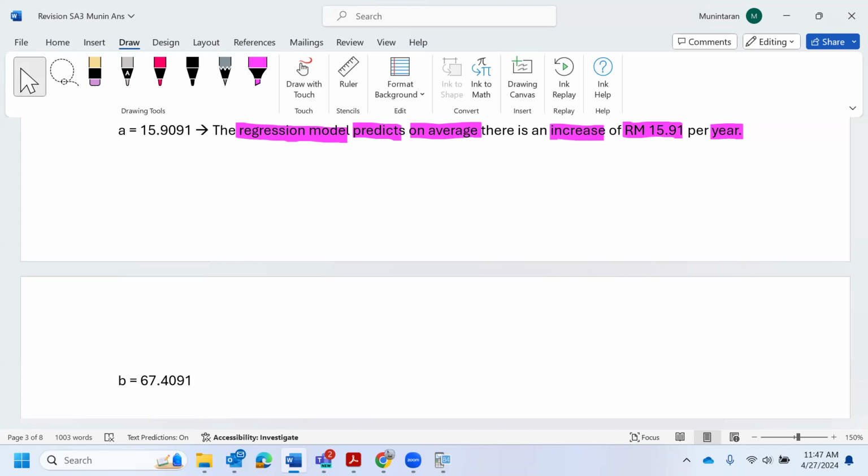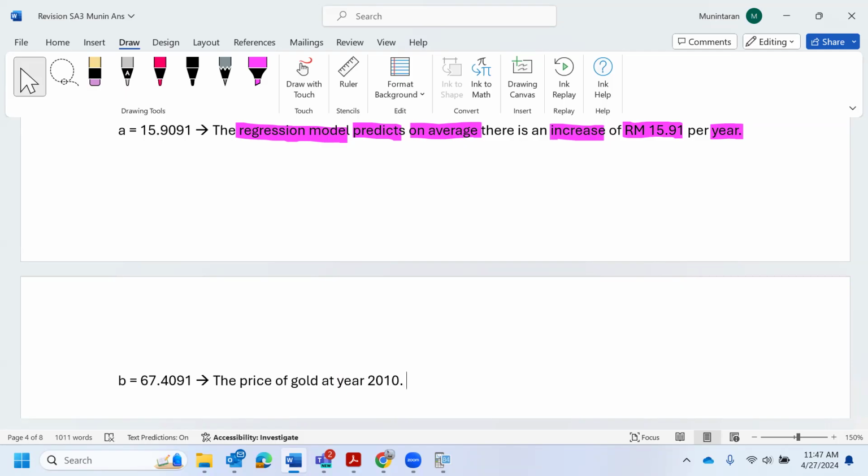Whereas the B, it is the y-intercept. Of course it's the y-intercept, but if you only say it's the y-intercept, you get nothing. So this is the price of gold at the year 2010.